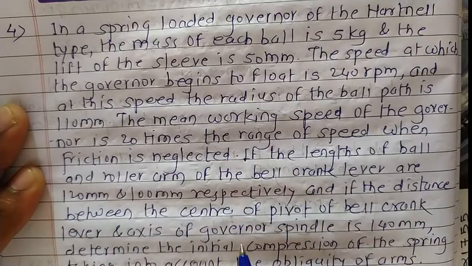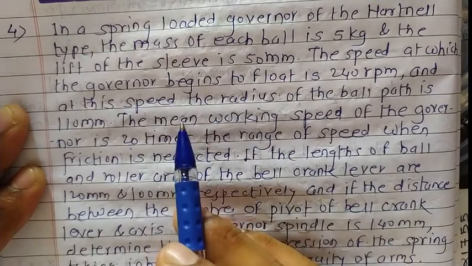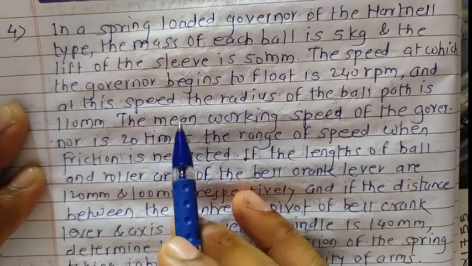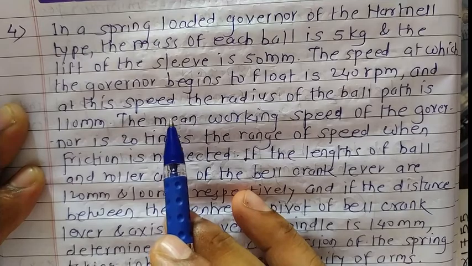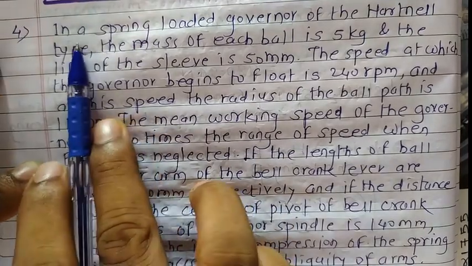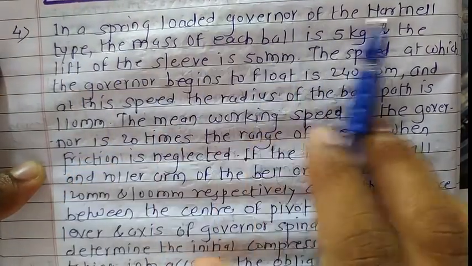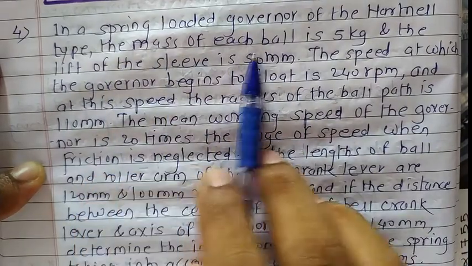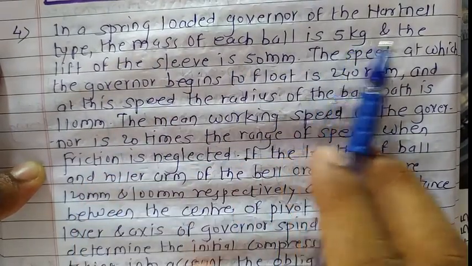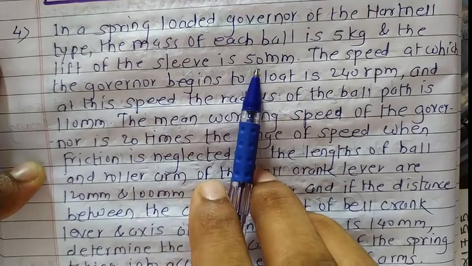In all previous cases, we have neglected the obliquity effect. Now see the numerical by considering the obliquity effect. In a spring-loaded governor of the Hartnell type, the mass of each ball is 5 kg and the lift of the sleeve is 50 mm.